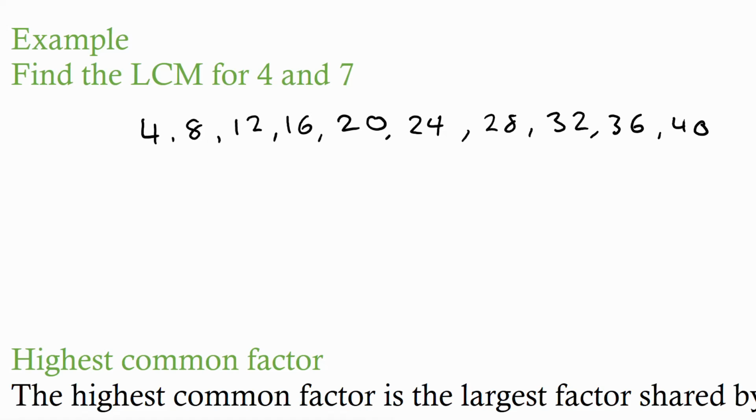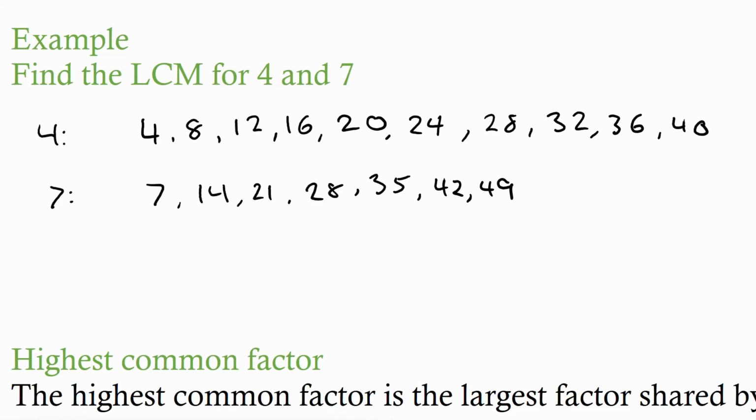For 7: 7, 14, 21, 28, 35, 42, 49. Now we need to find the lowest common multiple, so we look for the smallest number that's the same. We end up with 28 and 28, so our LCM is 28.